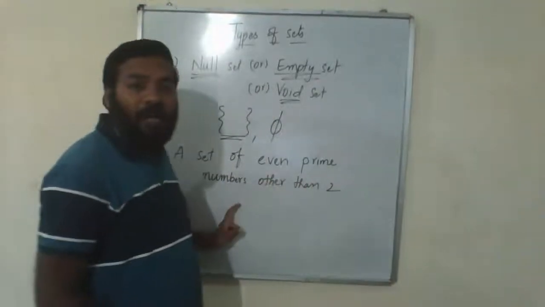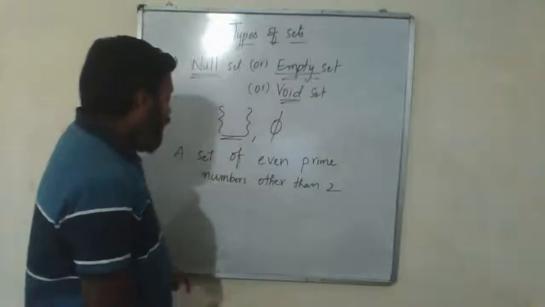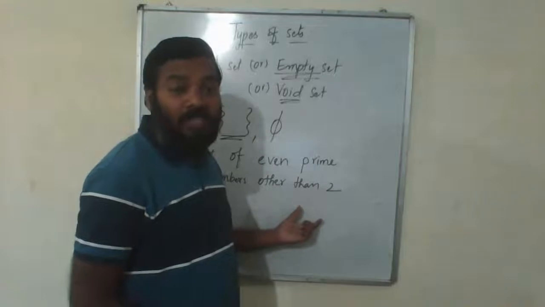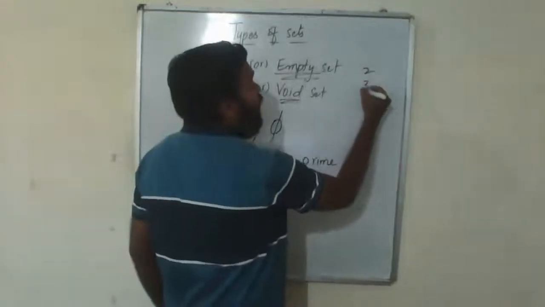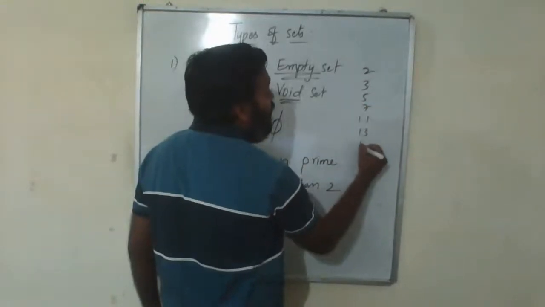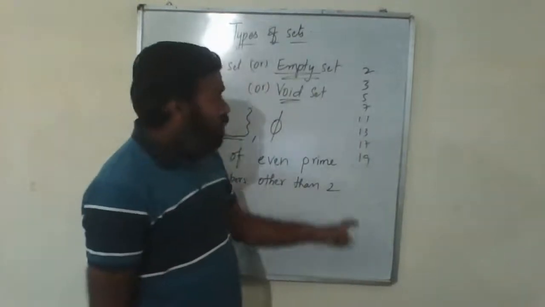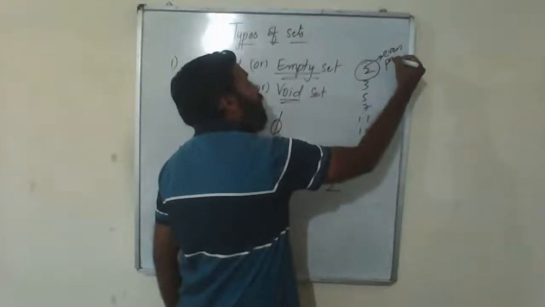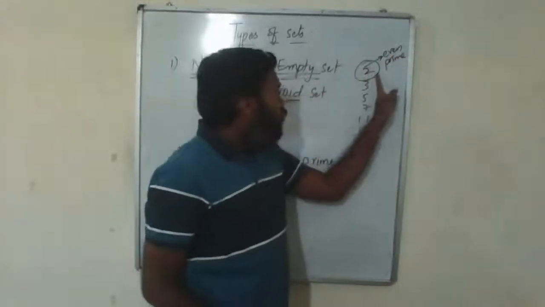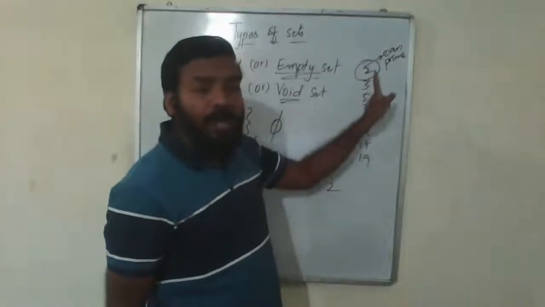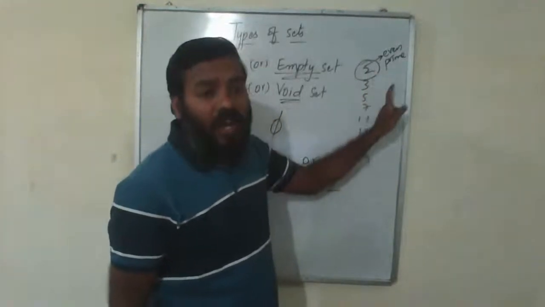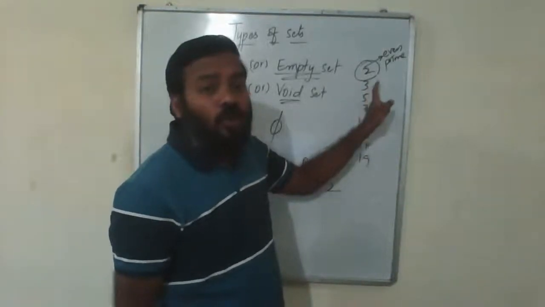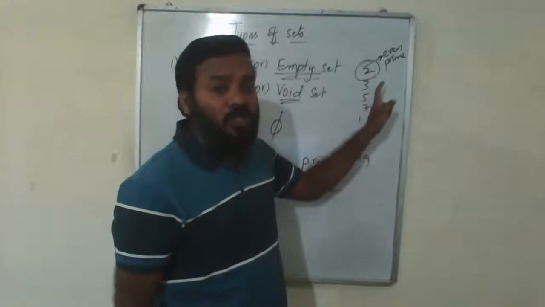Do we have any even prime number other than 2? We have 2, 3, 5, 7, 11, 13, 17, 19, and so on. But 2 is the only even prime number. Other than 2, every even number is divisible by 2 and has more than 2 factors, so they are not prime numbers, they are composite numbers.